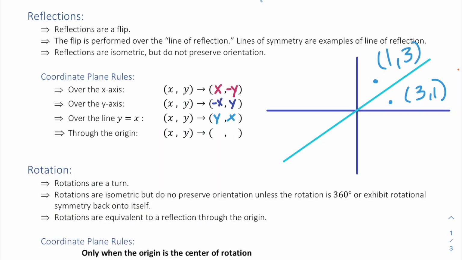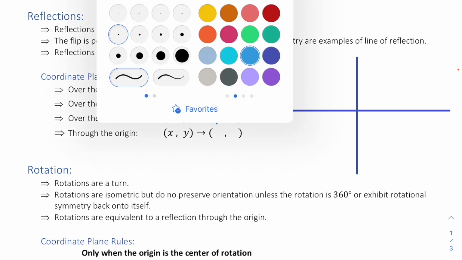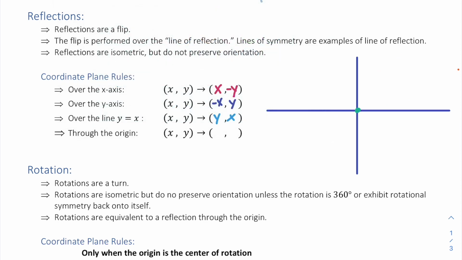Okay, and then the last one in terms of reflecting is we can reflect through the origin. So remember your origin is your center point 0, 0. If I'm reflecting through my origin, this is a little bit harder to draw. Your coordinates stay in position, but they change sign.